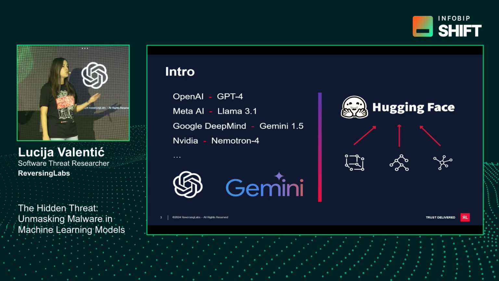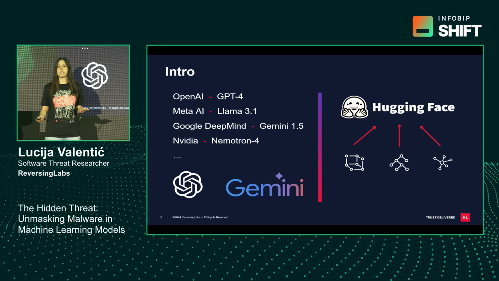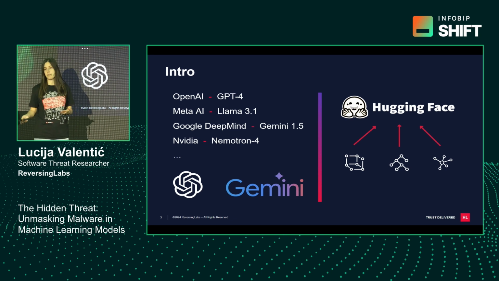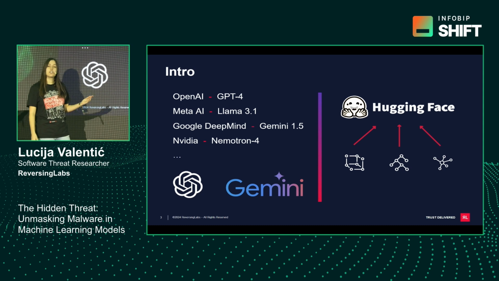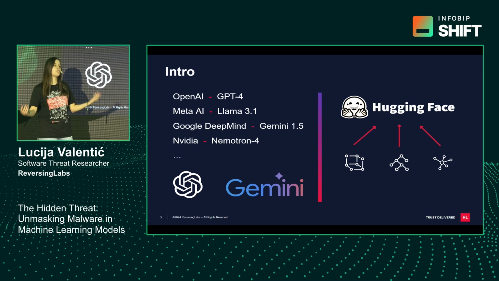We have seen users and companies alike start creating machine learning models, and creating applications and services using them. We have seen the creation of large language models such as Gemini, Llama, GPT-4, and their usage across services, applications, and platforms.